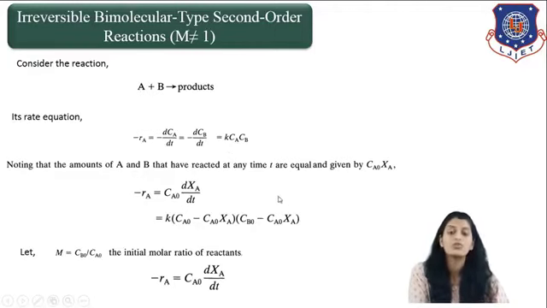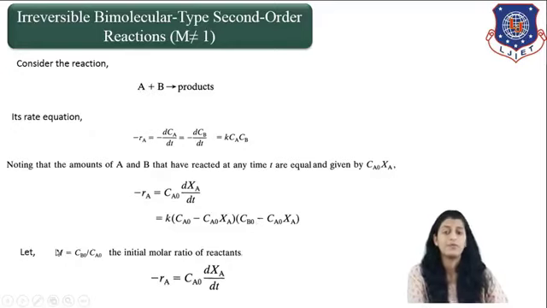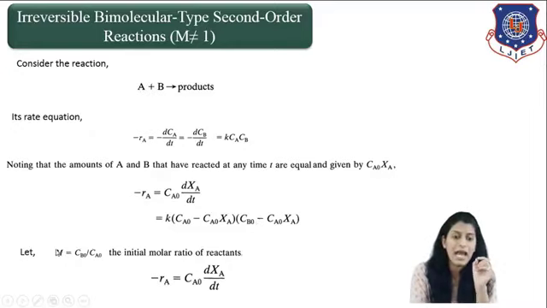Now we need to replace this CB0. It can be written as M, which I already told you is the initial molar ratio of the reactants, right? So M is represented by CB0 by CA0.